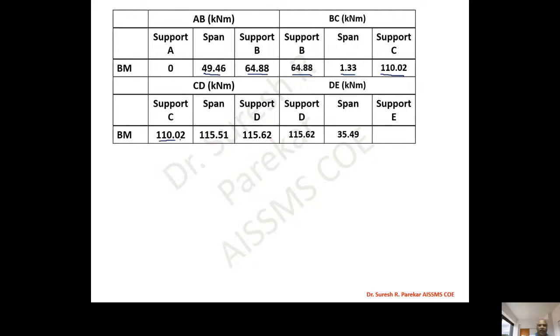Similarly for CD, we have maximum span moment 115.51. Then support moment we have 115.62, so these are very close values. Then support D again the same value. Span moment we have 35.49, and this is 0. So this is the table which gives you a total idea about the moments.